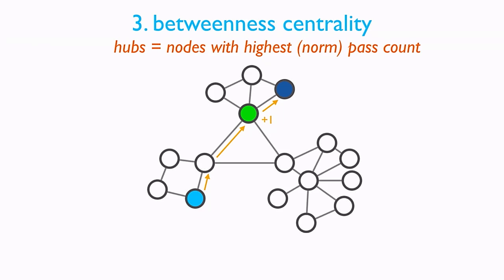In this case, for example, if we take this path shown on the slide, the green node is hit once, so therefore it has a +1. We do that for every one of the possible combinations of blue nodes, and then we get the metric of betweenness centrality. So this really captures the intuition that a node should actually be a facilitator for short communication paths in the network, right? So the top 10 nodes with the highest betweenness centrality could then be our hubs.